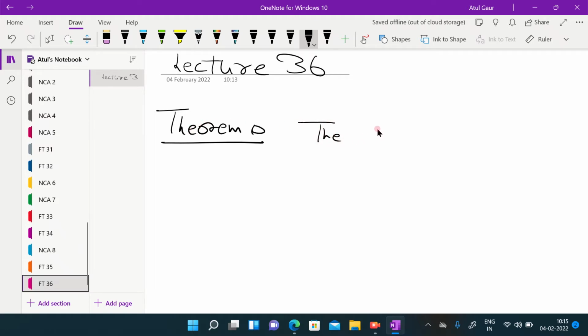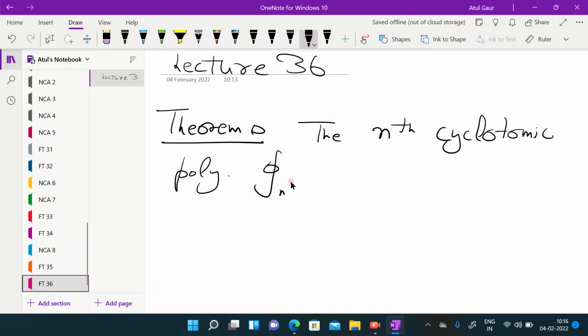So the nth cyclotomic polynomial is irreducible over Q, the rational field.